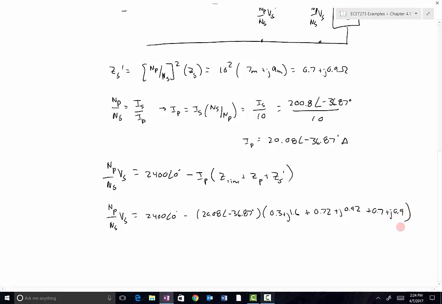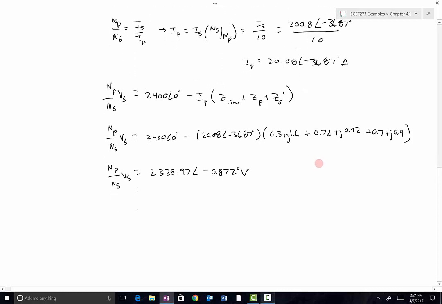So this gives me NP over NS VS equal to 2,328.97 at an angle of negative 0.872 degrees volts.